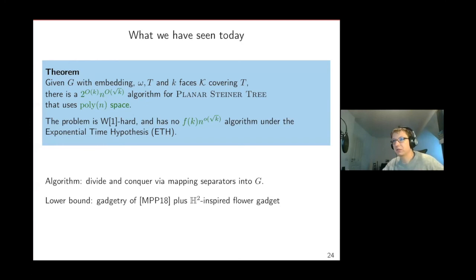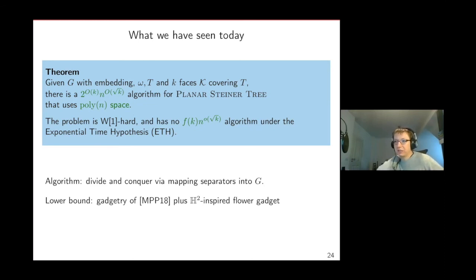So first of all, what we saw is that you get this 2 to the order k times n to the square root k algorithm. You can do it in polynomial space because it is basically a divide and conquer using separators. But you have to map these separators into G, so that's why you still get this n to the order square root k term, and the 2 to the order k is, well, certainly needed for this algorithm and maybe for all algorithms.